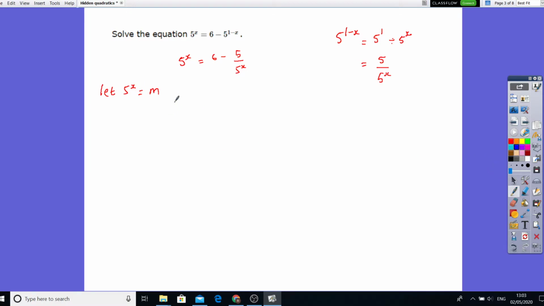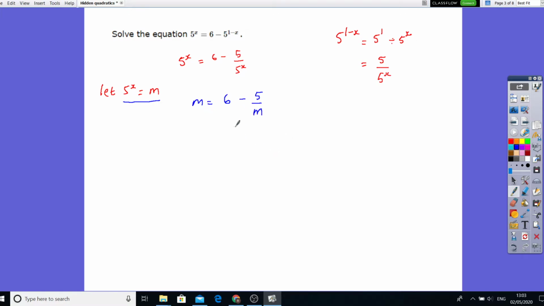If I'm going to use this substitution, that's going to imply that this is going to equal m. This remains 6 because it's got no association with this 5 to the power x, and this is going to be minus 5 over m.